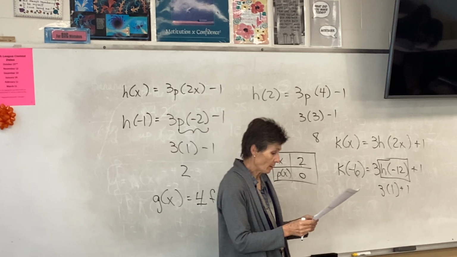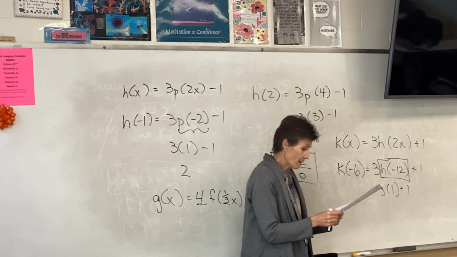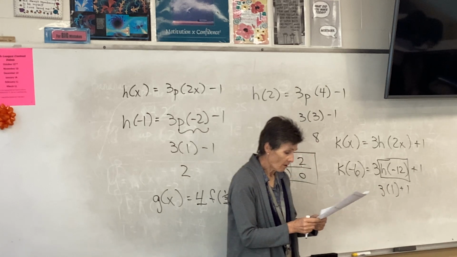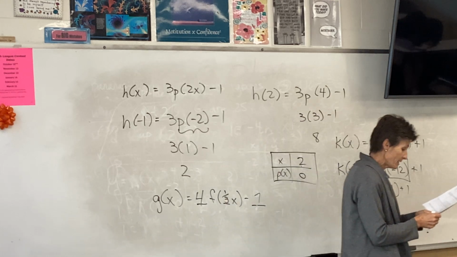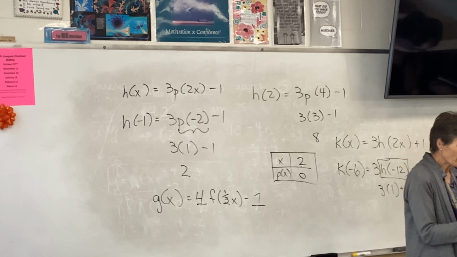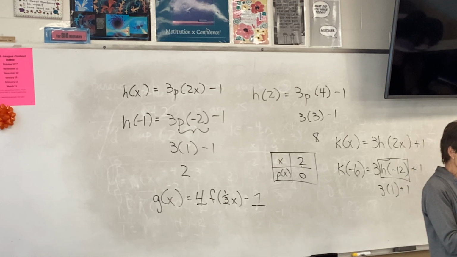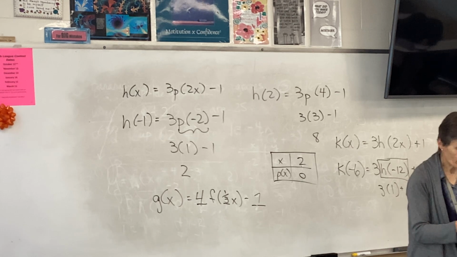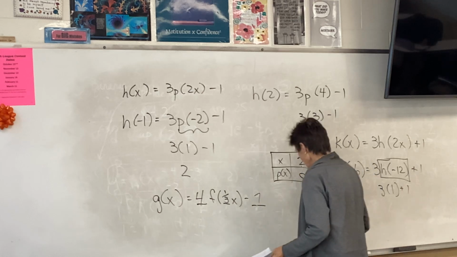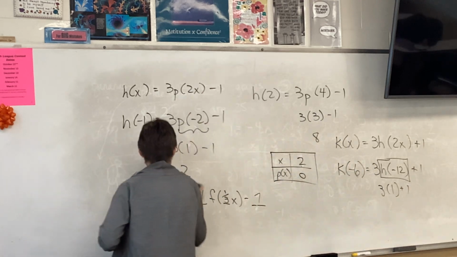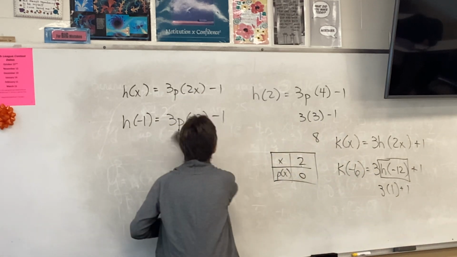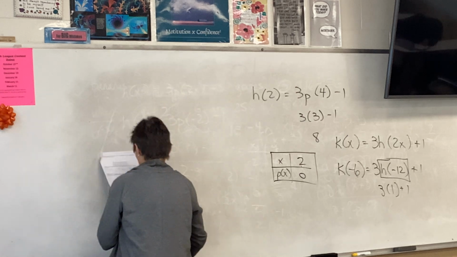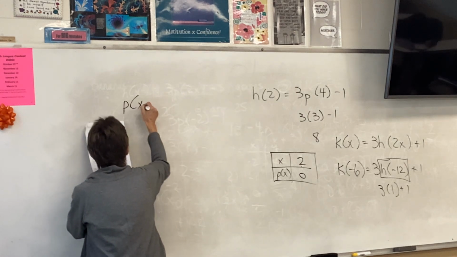All right, last one. The function is given by this. The graph of R is the image of the graph of P after a horizontal translation of 4. Oh, that's it. Okay, so my original function is this.